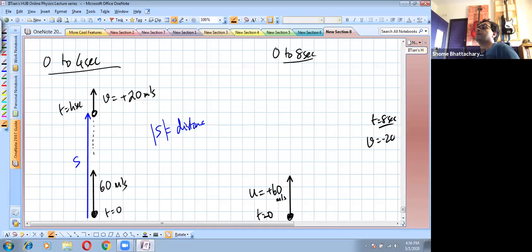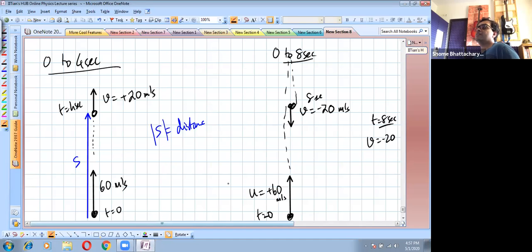It is minus 20. So that means what has happened is it's actually gone up to some maximum height and come down. And then on its way down, it is having this downward velocity of 20 meters per second, which with sign we are writing as minus 20. So v is equal to minus 20 at 8 seconds.